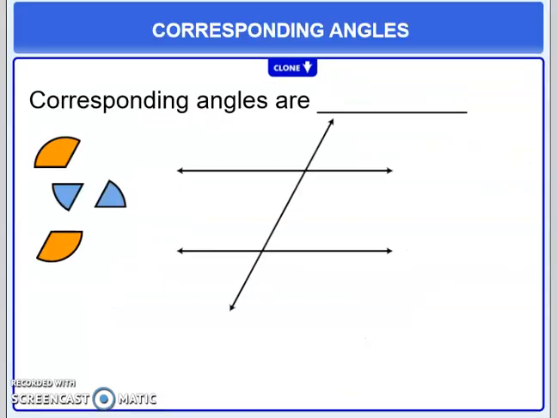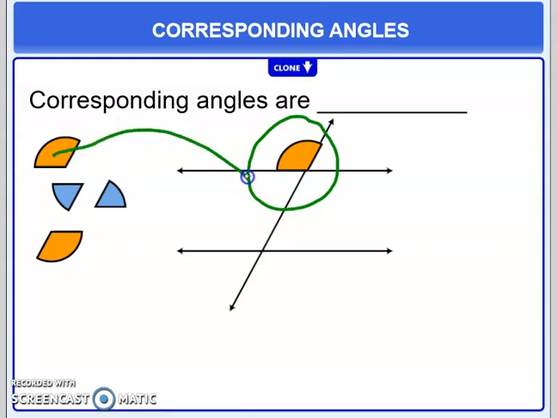So we now have what are called corresponding angles. And when we think about corresponding, well, that means that they're similar, right? In the similar area. So if I have, let's say, this orange angle, notice how it's in the upper left-hand corner of this diagram. In this intersection here, it's in the upper left.